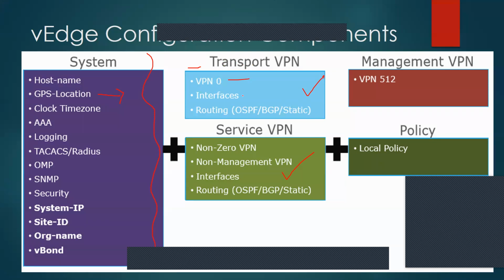You have different feature templates for VPN interfaces, different feature templates for OSPF, BGP, static routes, and so on. But if you club all these things inside a single container, that will be your device configuration. Any doubt so far?